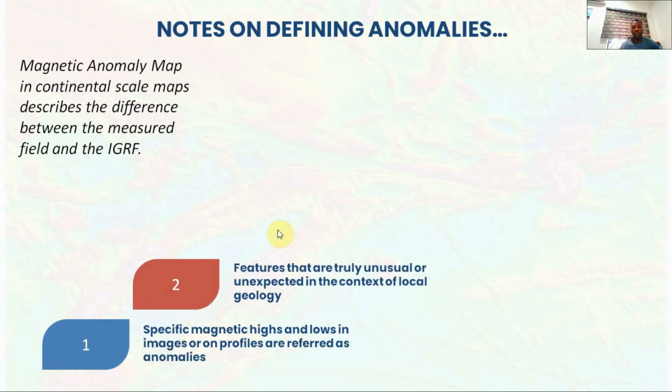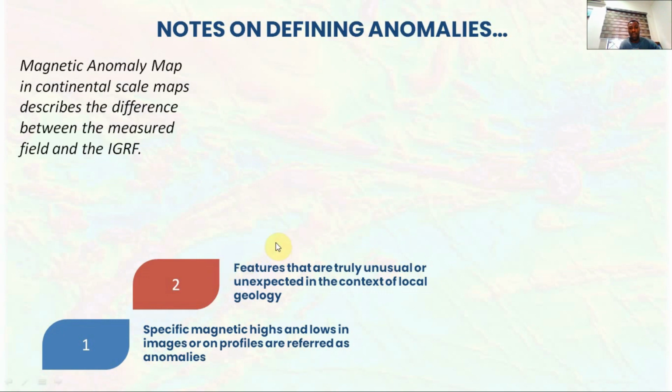Also, when you see features that are truly unusual, that you are not expecting in this kind of geology, in the context of what you are working on, you find out that this feature I am seeing here is not supposed to be here. So why is it here? That is an anomaly. It is different from the normal. When it's not the norm, you say this is an anomaly.